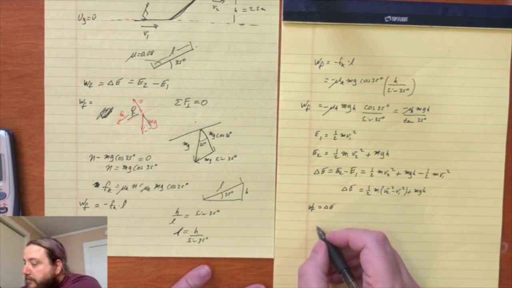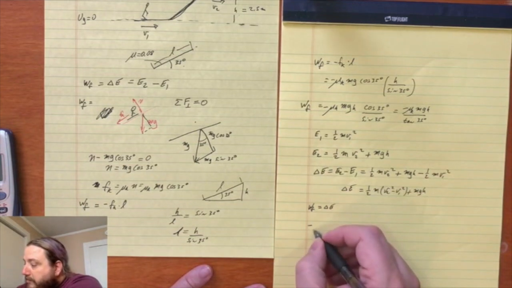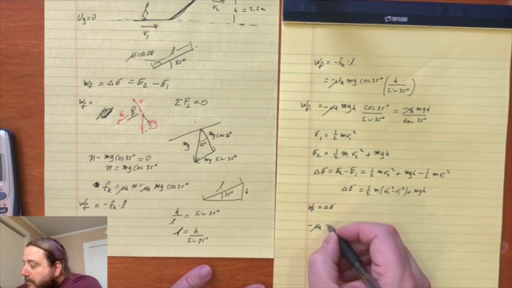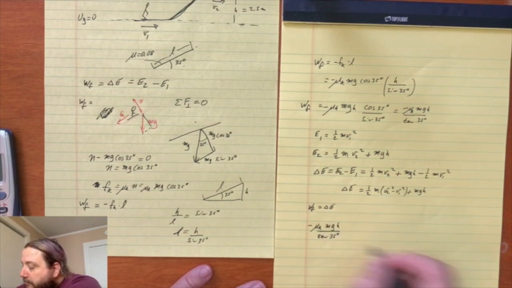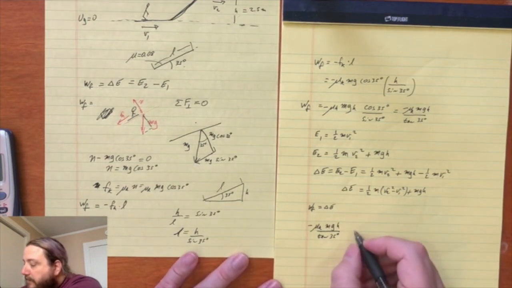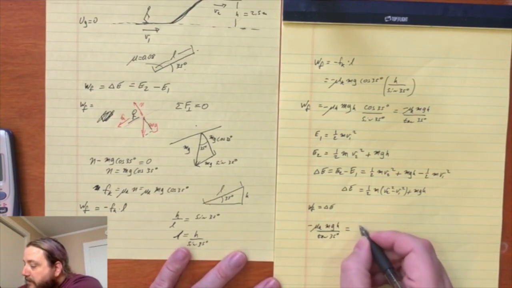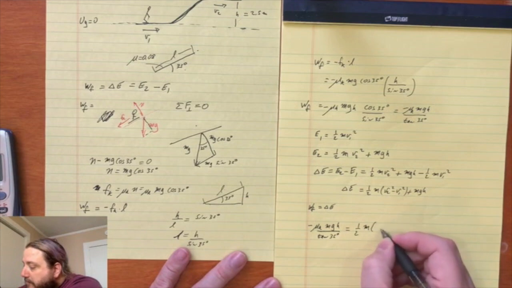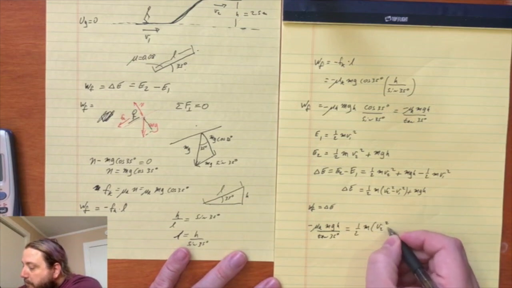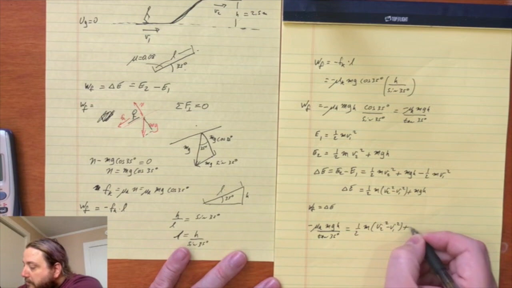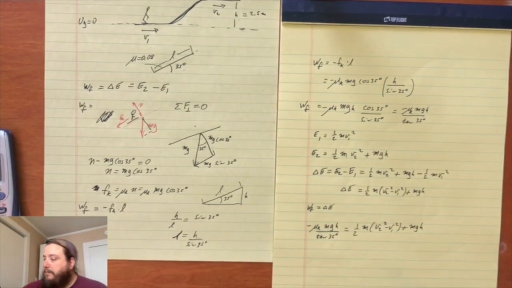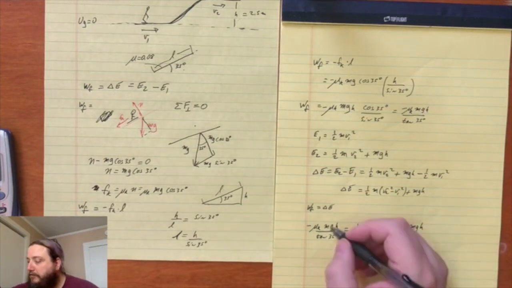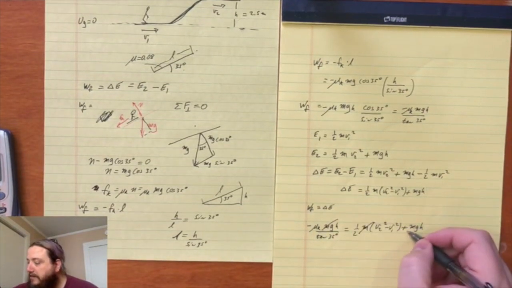The work done by friction, we said, was minus mu k mgh over the tangent of 35 degrees. And the change in energy here is 1/2 mass times (v2 squared minus v1 squared) plus mgh. We have a mass term everywhere, so we can cancel the masses out.